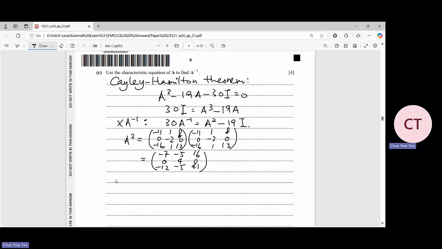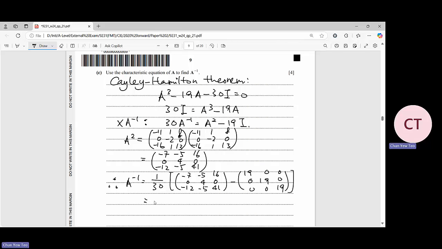Okay. So therefore, your A inverse is equal to 1 over 30 of the A squared, (16, 0, 41) minus 19, 19, 19, 0, 0, 0, 0, 0, 0.